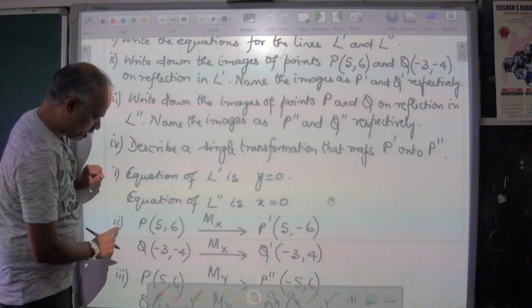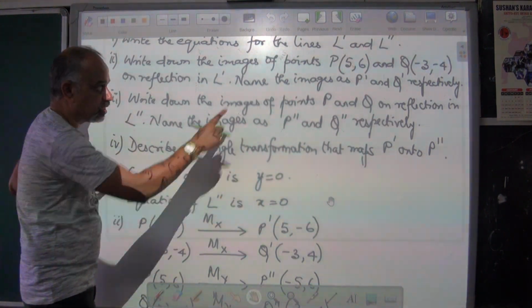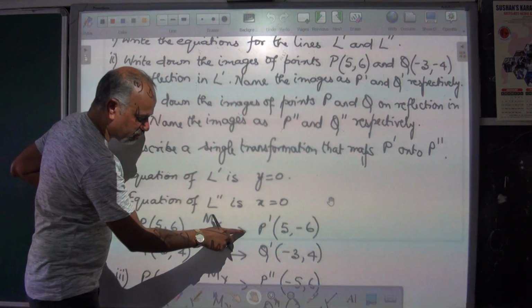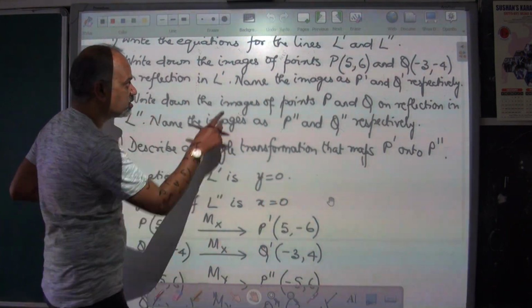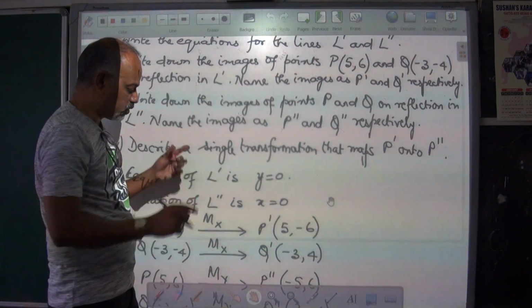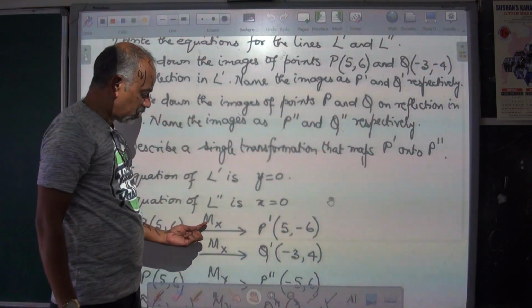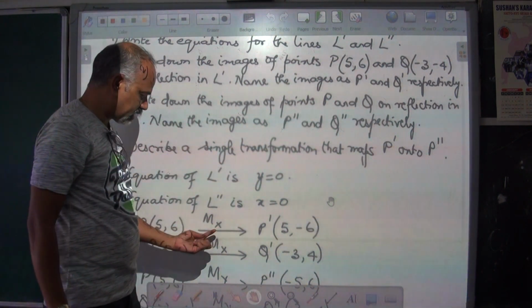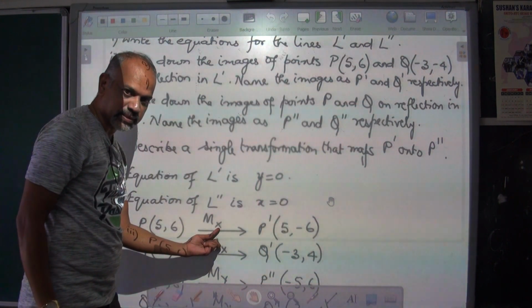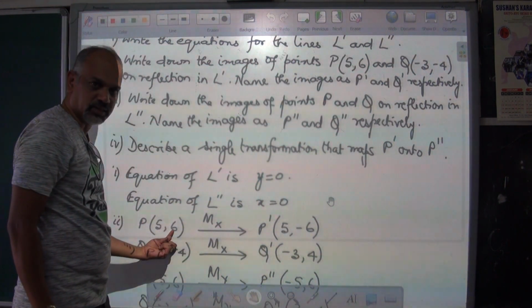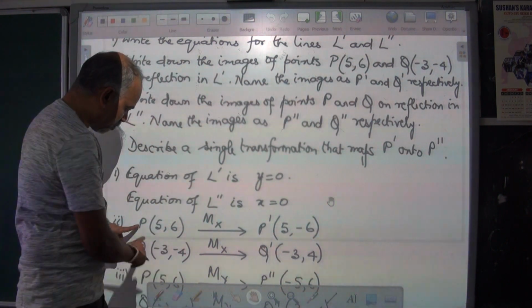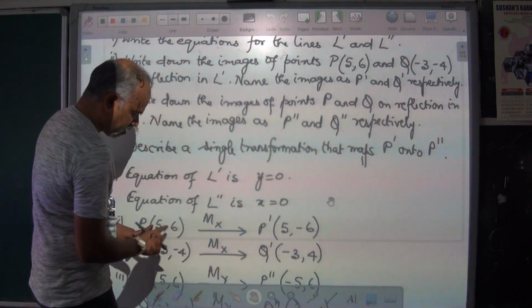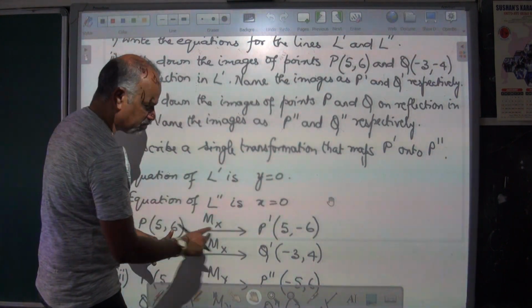So in the second subdivision, P, which is 5, 6, is going to be reflected in the mirror, which is the x-axis, because it is reflected in L dash. If you reflect any point on the x-axis, the y coordinate sign will change. The x coordinate will not change. So P becomes P dash: 5 remains the same and 6 becomes -6.